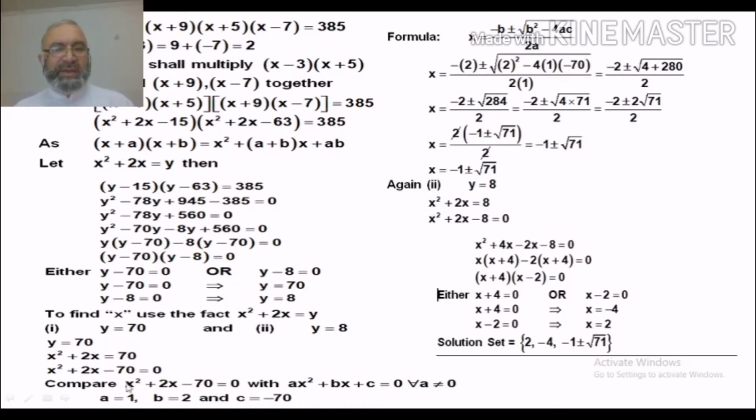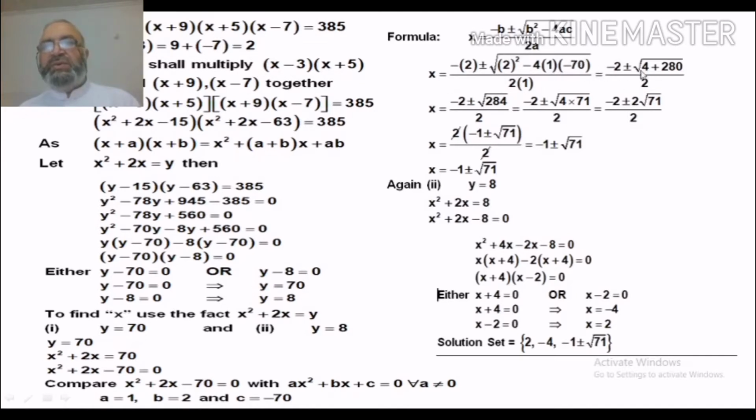Thus comparing x square plus 2x minus 70 with the standard form of quadratic equation, we get a is equal to 1, coefficient of x is b equal to 2, and c the constant term, that is minus 70. By solving this by the quadratic formula, putting the values, we get x is equal to minus b, that is minus 2, plus minus square root of b square, 2 square, minus 4 times a into c.